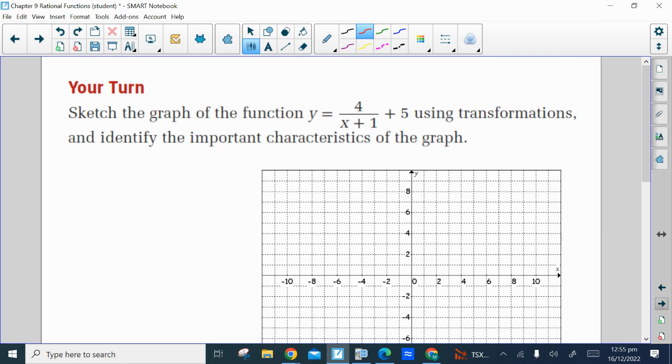All right, so we have a different equation here, but it is a transformation of y equals 1 over x. Compared to y equals 1 over x, we've got an a value of 4, so therefore we have a vertical stretch by 4.